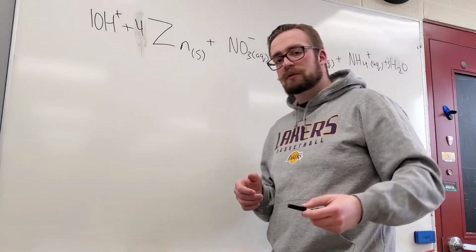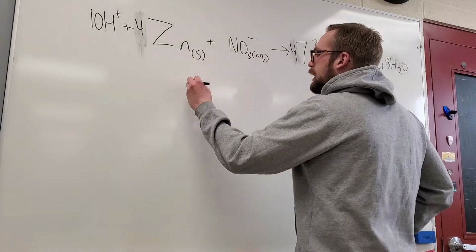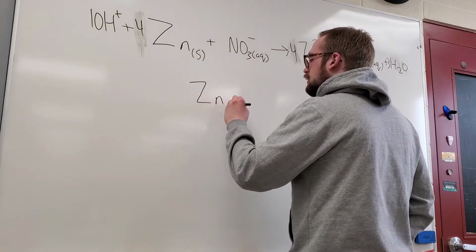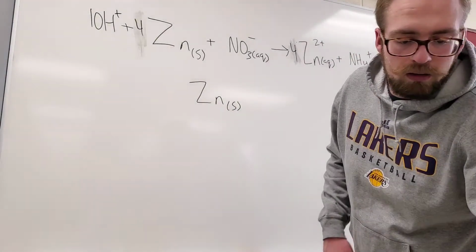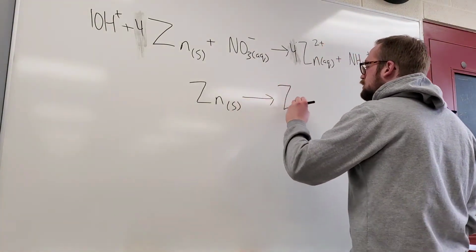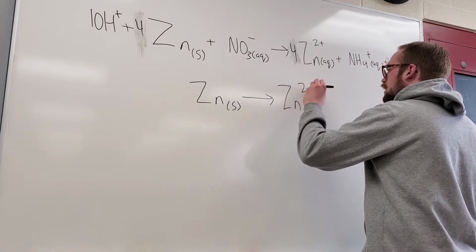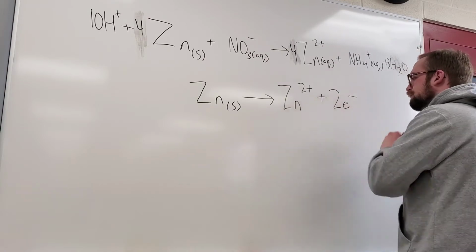Well, one of the things we have to do is look at this in the half reactions. So our half reaction is zinc solid, which then becomes zinc 2 plus and 2 electrons.